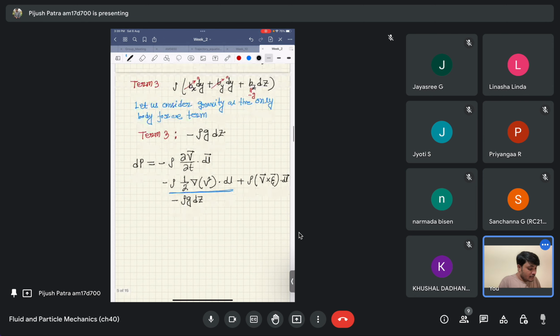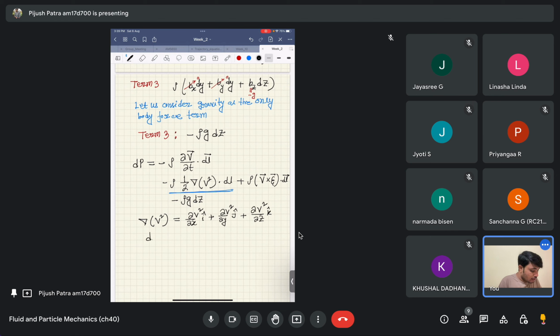What is gradient of v square? It is dou x v square i cap plus dou y v square j cap plus dou z v square k cap. Is that right? There is nothing wrong in that.